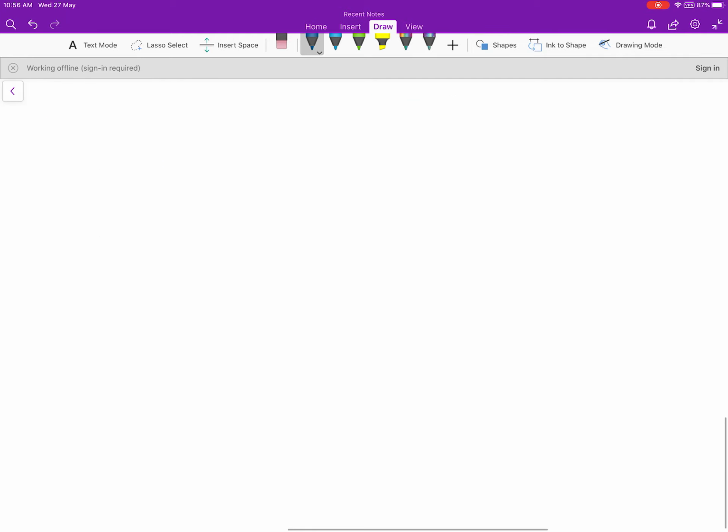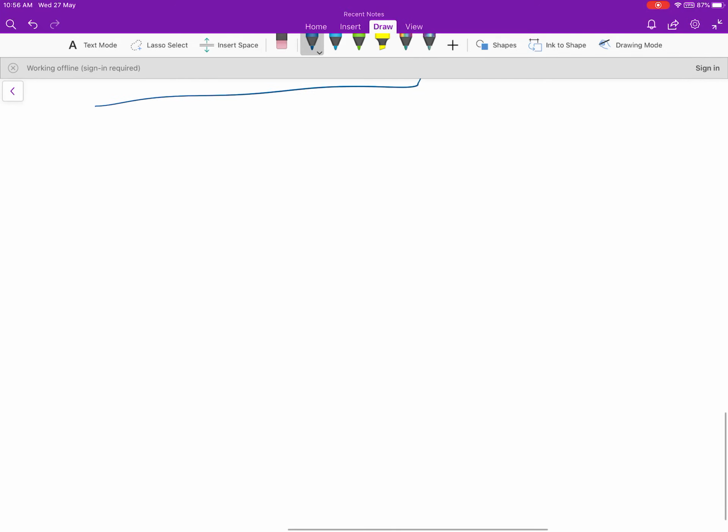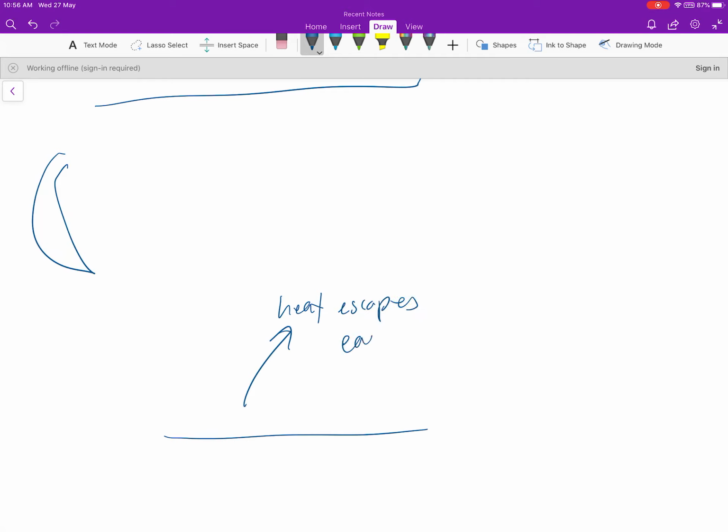For without clouds, in the day, temperature rises up very quickly. And in the night, heat escapes easily. As what I've said just now.